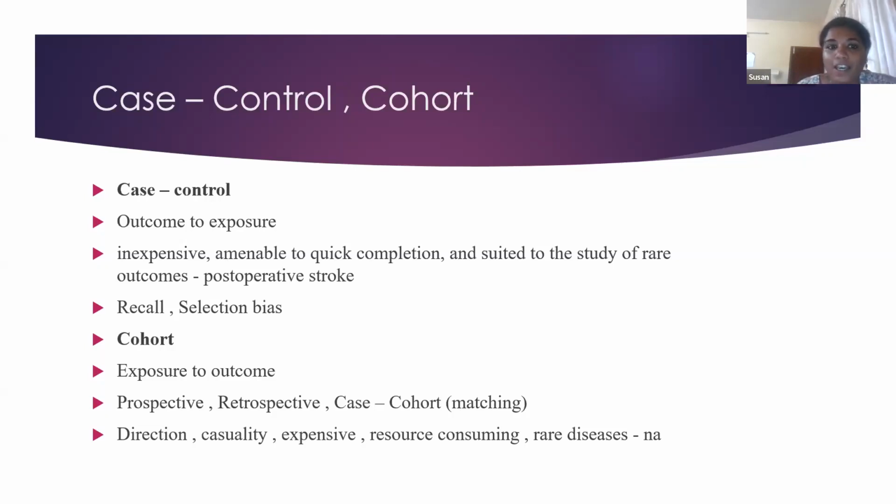Now, cohort study. The basic concept of it is that we have a group of people. Okay, so suppose I'm taking the entire population in Kerala and I'm going to follow them up for the next 1 year to find out how many of them develop stroke. So I have a cohort of people.